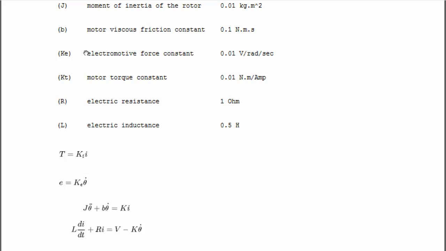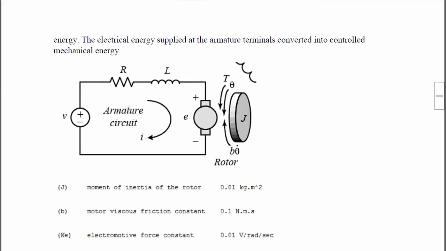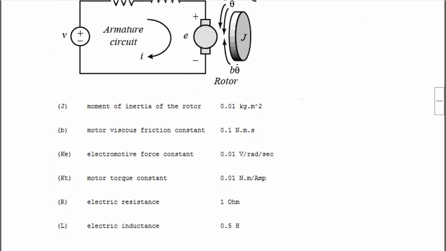In general, the torque generated by a DC motor is proportional to the armature current and to the strength of the magnetic field. The example right here is this circuit with this DC motor in it, so this only pertains to this circumstance.